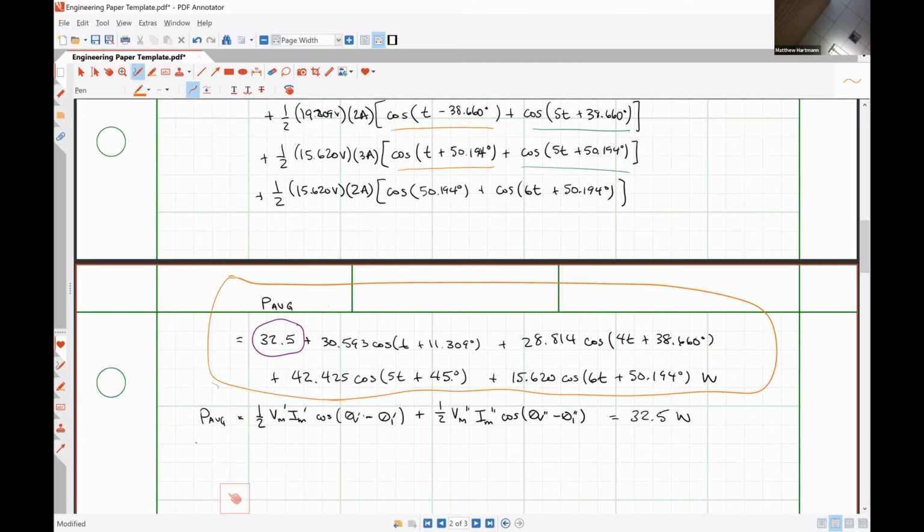So that's why we're left with just this DC term, and this guy down here gives us a shorthand way to get that result without having to fumble our way through so many steps and cross multiplications. Even I made errors in bookkeeping. So this bottom equation is a much more straightforward way to find the average power in a multi-frequency circuit.